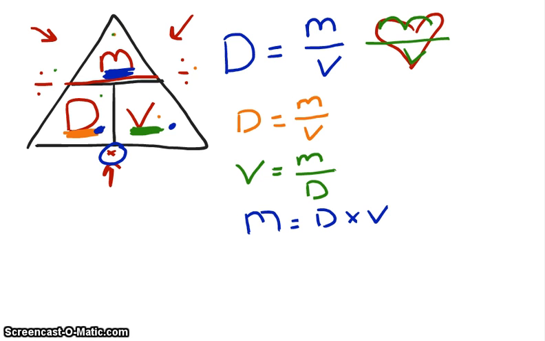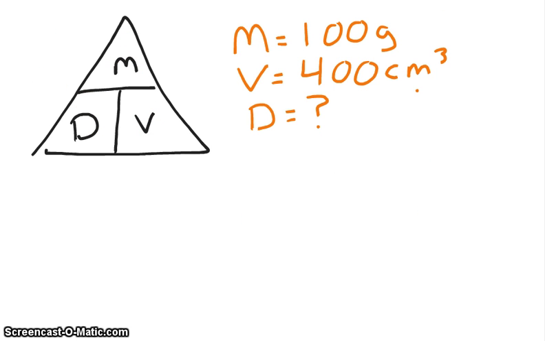So you can either memorize all three of these equations, or you can just remember the triangle. It's up to you. So let's use the triangle to solve some problems. In this one, I have the mass, and I have the volume, and I'm looking for the density. So I'm going to cover up density, and that means mass divided by volume.